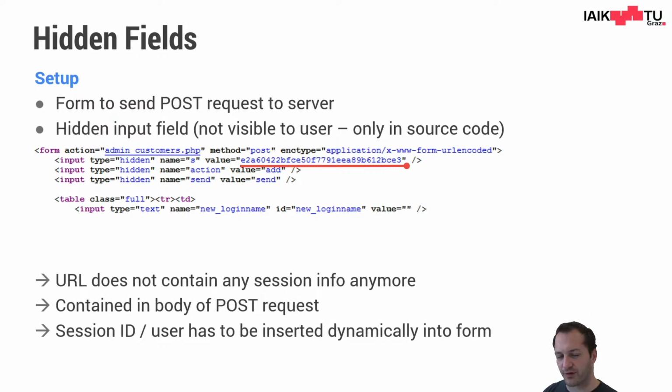It's not visible to the user, but in case someone manages to inject something in the website, then the script could actually read this out from the DOM, the document object model. If the attacker specifically knew there is a session ID in this very specific object in my source code, then the script could access it and read out the session ID. So this is just something you should be aware of.